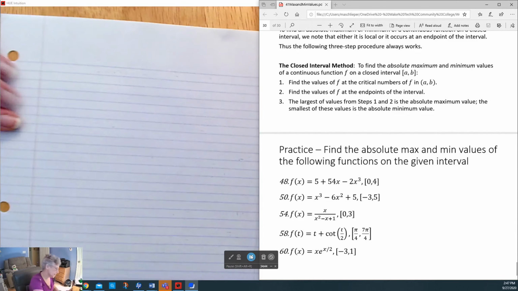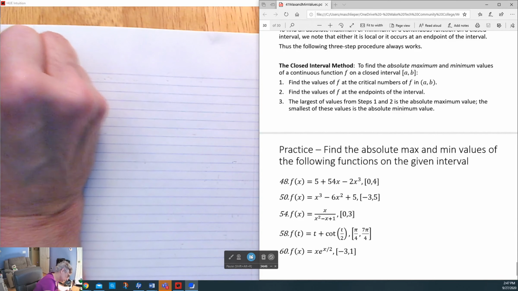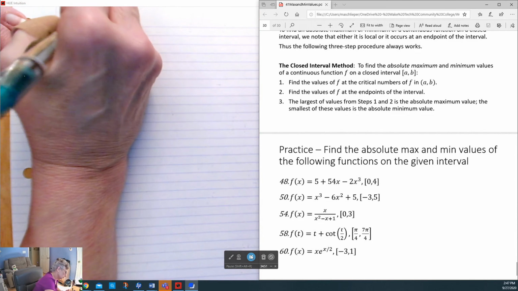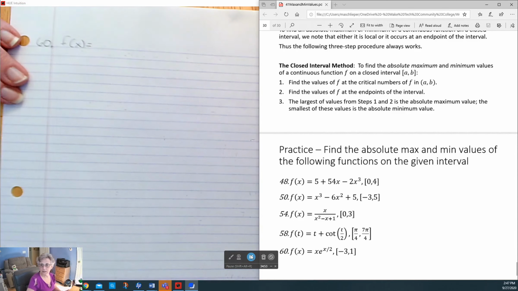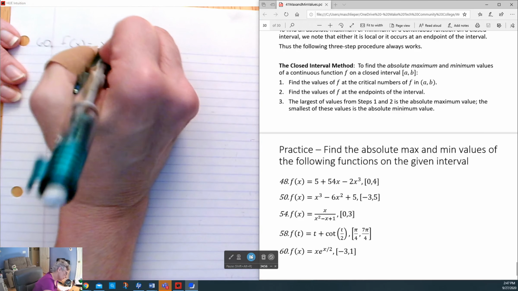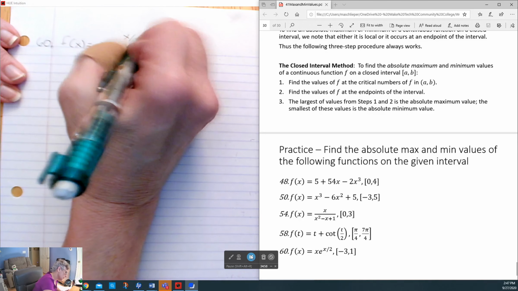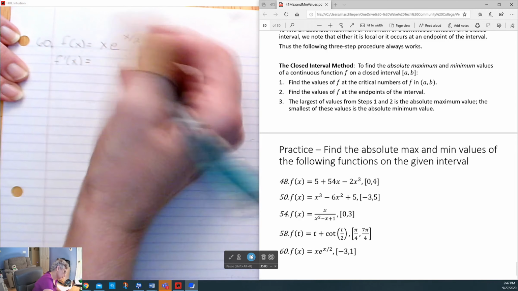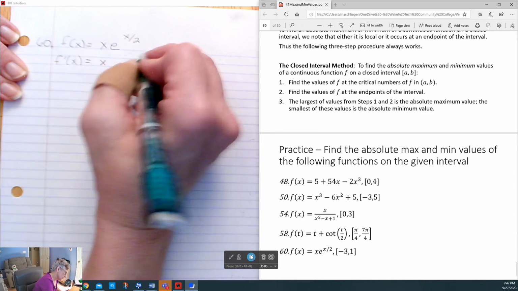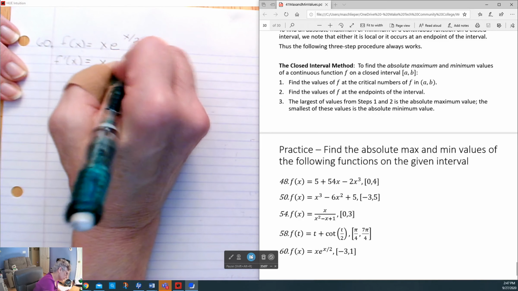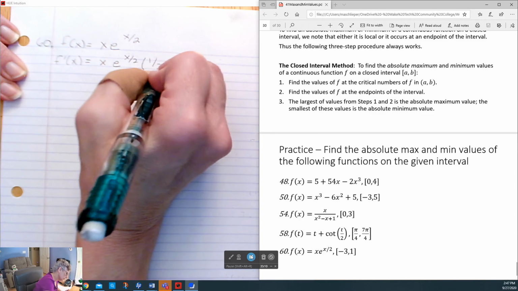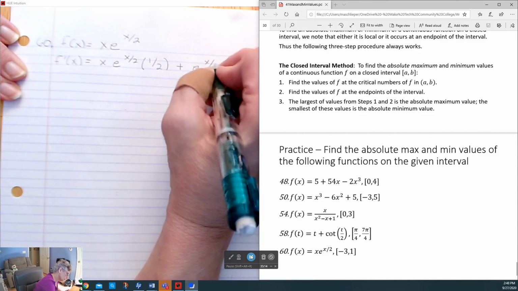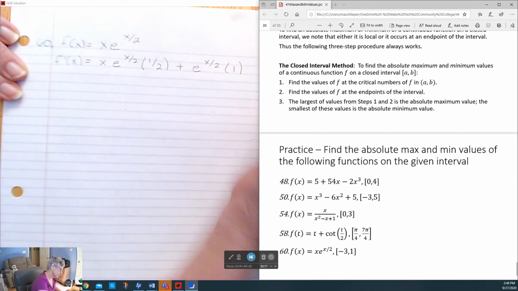Let's look at number 60. F of x is equal to x times e to the x over 2. First, D second, plus second, D first.